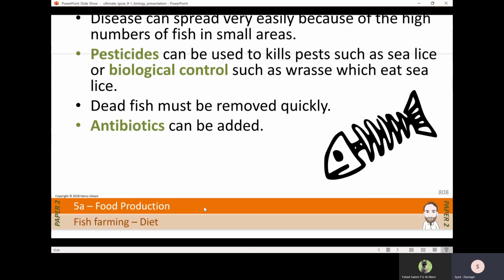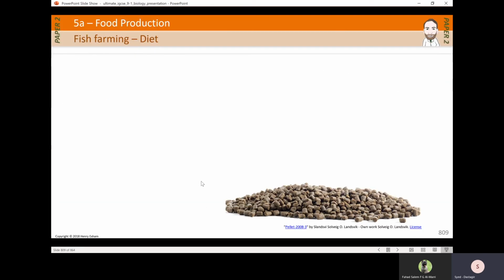Yeah. Now the diet, because we're farming the fishes, what do you think about the diet of the fish? Their food needs to be organized. Organized, yep. So we can control how much food they eat and what type of food, as opposed to fish in the wild who will just eat anything.